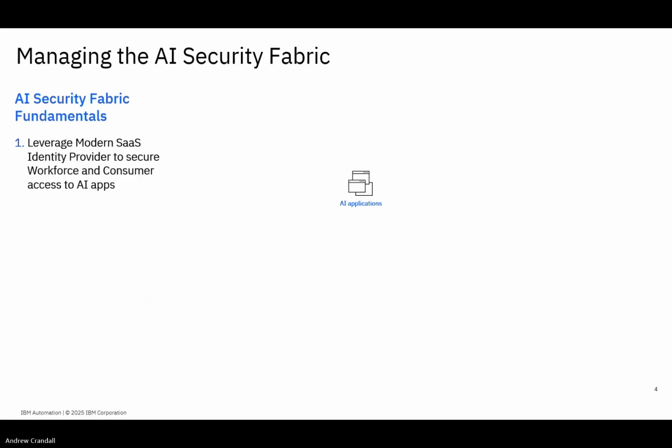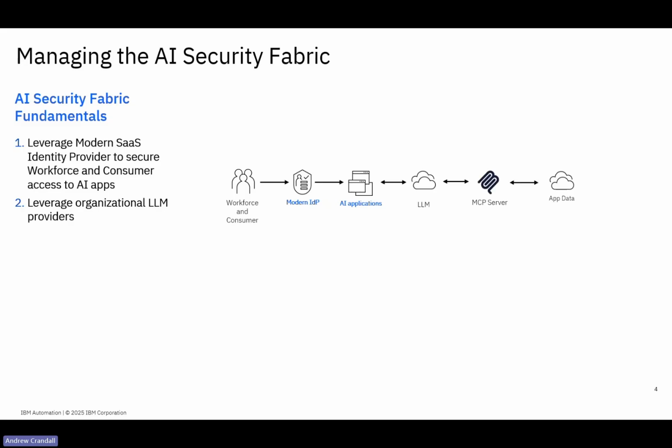And so what you'll see with most modern AI applications is that we have some type of modern IDP for workforce and consumer, right? Today, your user is going to probably log in, then they're going to access an AI application. They're going to leverage organizational LLM providers. So if you have agentic agents within your organization, we're going to connect through that, right?